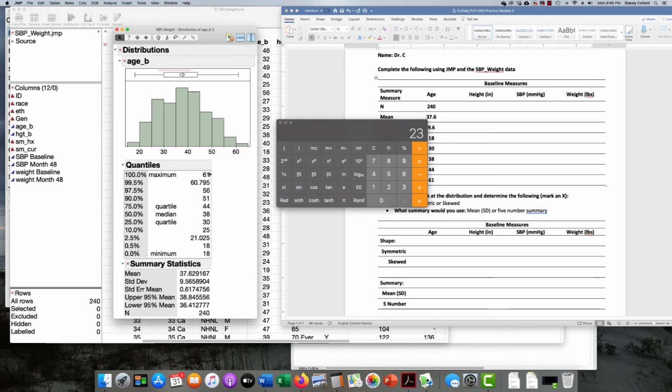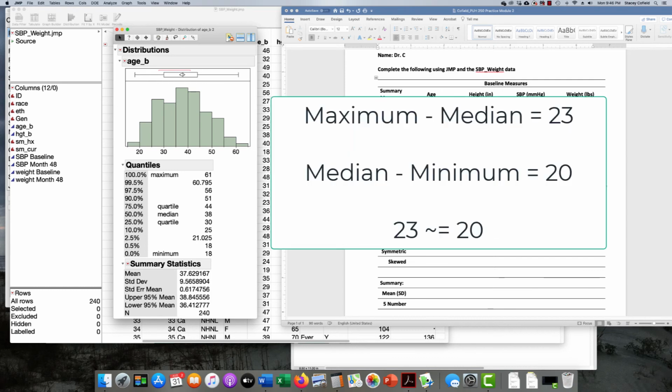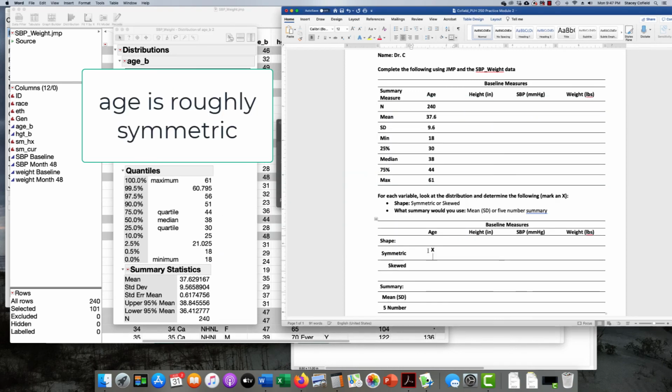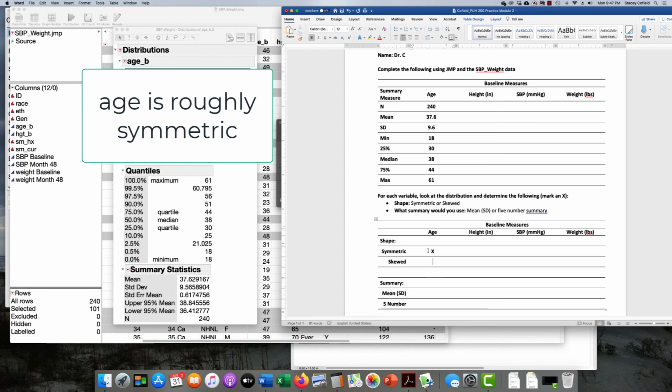So my distance from here to here is 23 years. And then I can do the same thing from 38 to 18. So 38 minus 18, of course, is 20. So I do actually have about equal distance in our metric from the minimum to the median, and the median to the maximum. It is symmetric. And therefore, I am allowed to utilize the mean and standard deviation.